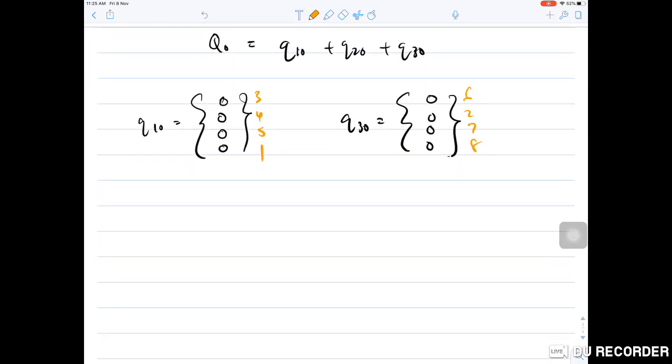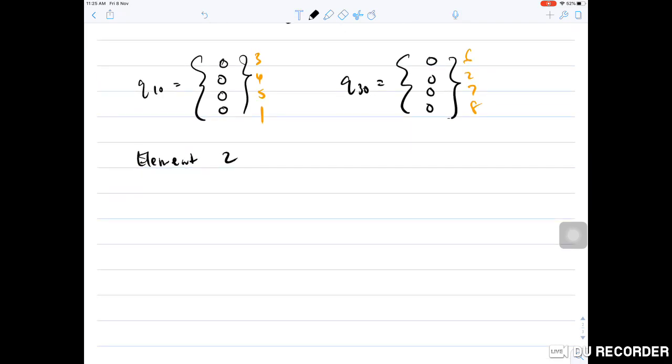So for element number 2, what we need to do is extract that particular element. This is element 2.